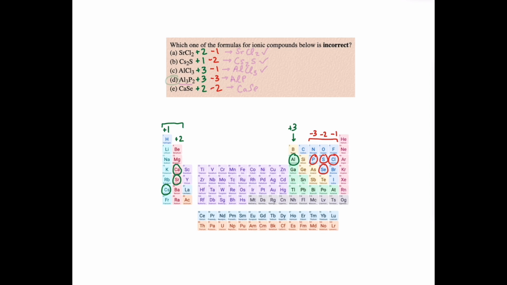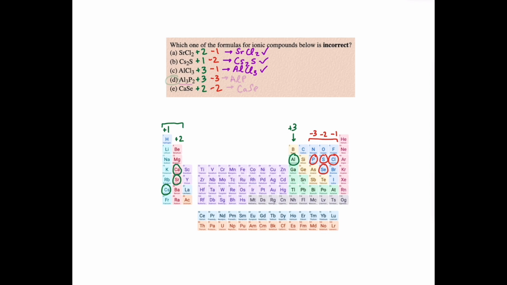So since we have +2, -1, we would need 1 strontium and 2 chlorines, which is correct. This next option, we would need 2 cesiums and 1 sulfur in order for them to balance, so that is correct. We have aluminum, and then we'd need 3 chlorides to balance, which is correct.